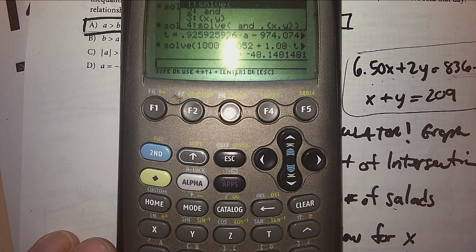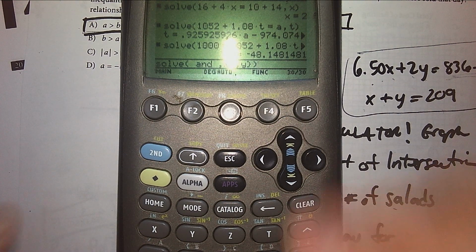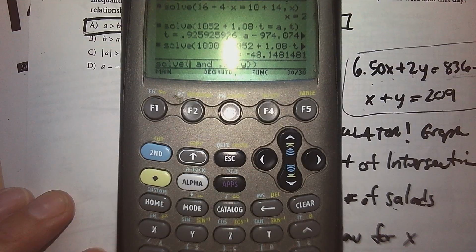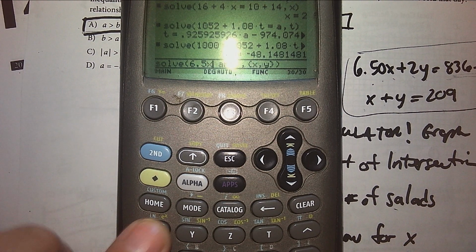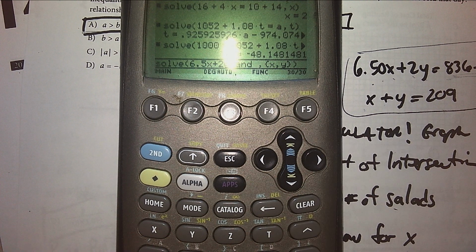So press number 4, and then I want you to move the cursor to the beginning of the parentheses, and you're going to type in 6.5x plus 2y equals 836.50.